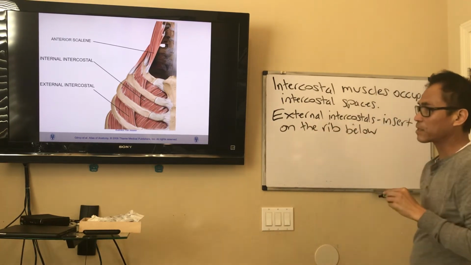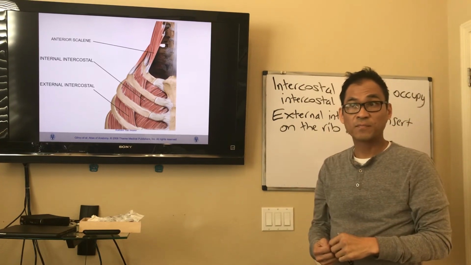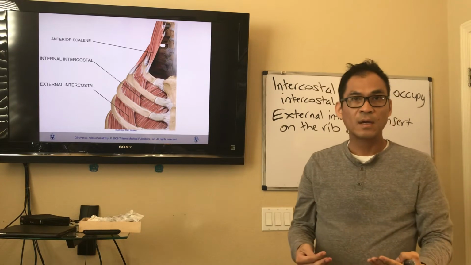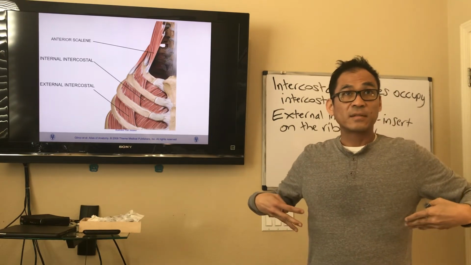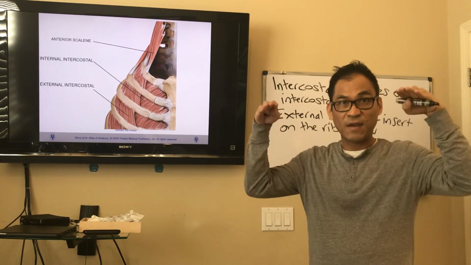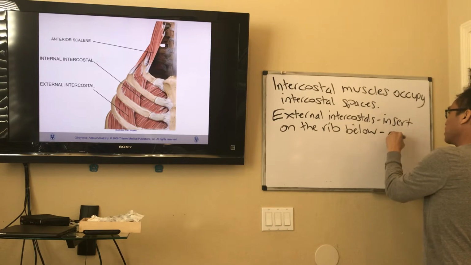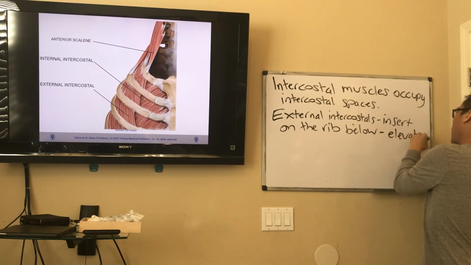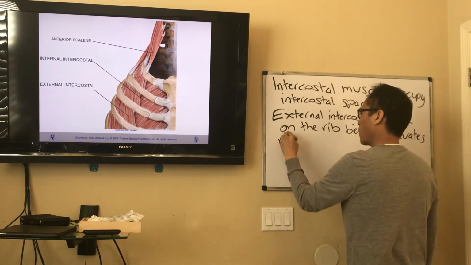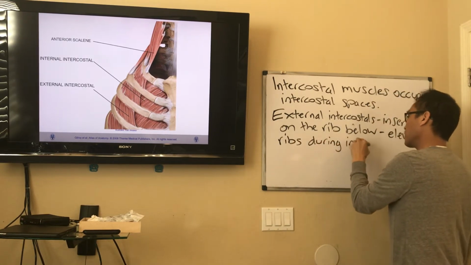So when it contracts, it basically elevates ribs. Okay? It's like when you take a breath in, your rib cage expands a little bit from side to side because each rib is being elevated. So the action is elevates ribs during inspiration.